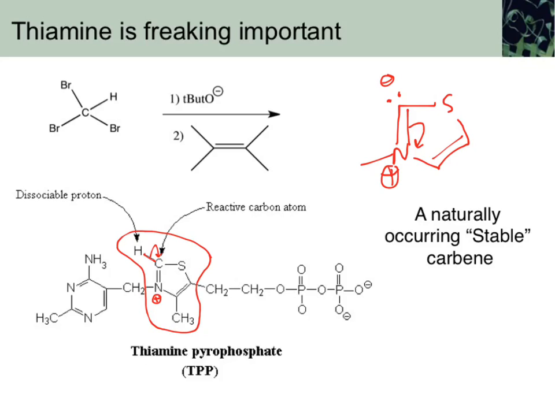What's special about that carbon? Nucleophile. With that nucleophile, I can attack a positively charged carbon, okay, within the carbonyls of the pyruvate, which can then go through and help facilitate the overall following next steps. Okay, so thiamine's a pretty cool molecule in that respect.